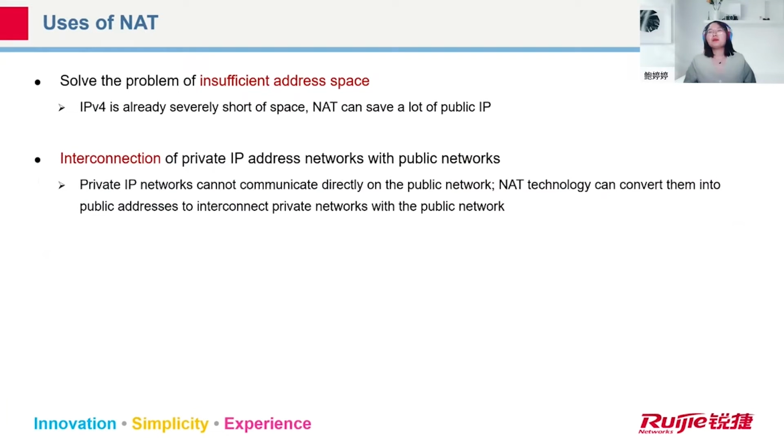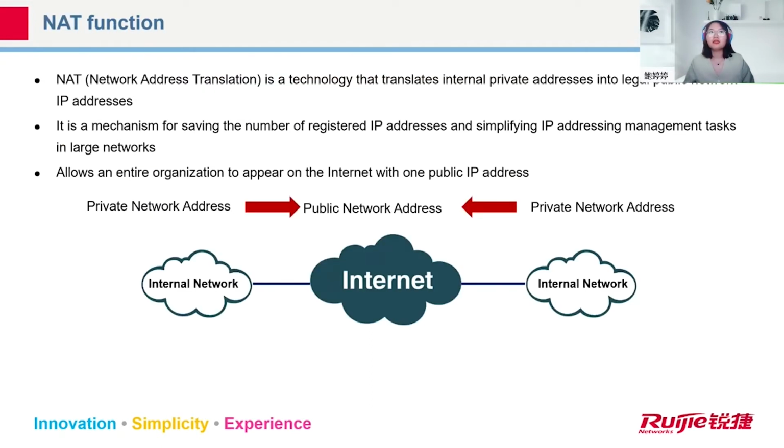First, why do we use the NAT? Because we have the problem that IPv4 is already not enough for us to use. So we can divide the network into private addresses and public addresses. And the private IP address can be used multiple times in different scenarios, and the addresses can be the same. So in some scenarios, more addresses can be used than the 32 bits allow.